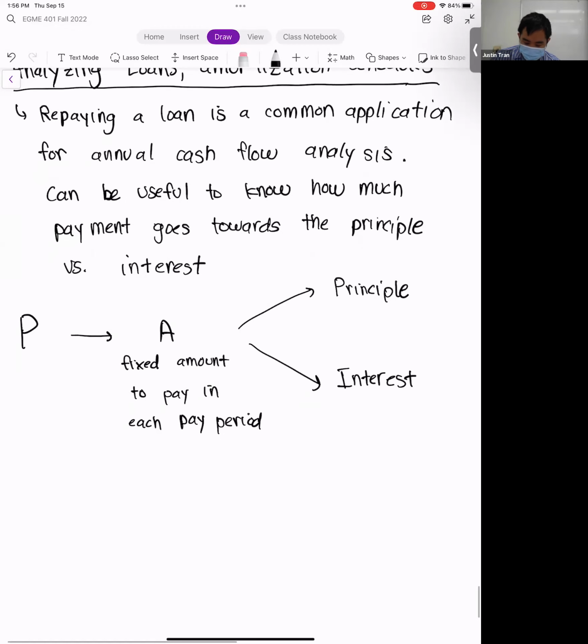Okay. And this ratio, the ratio between principal and interest, will evolve as you make more payments. And so a good way to keep track of this is to build what's called an amortization schedule.